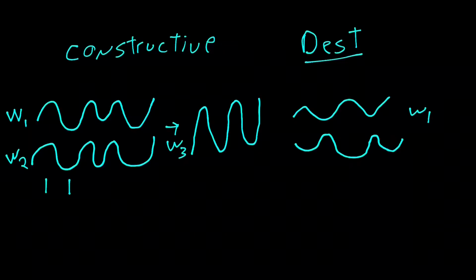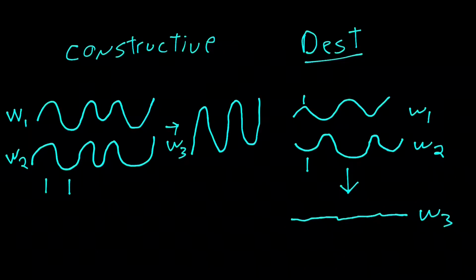The peak of wave 1 matches the trough of wave 2, and so forth. And those are going to combine into wave 3, which is going to have a significantly dampened amplitude, almost representing a straight line.